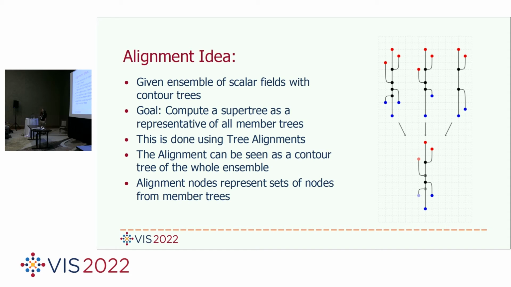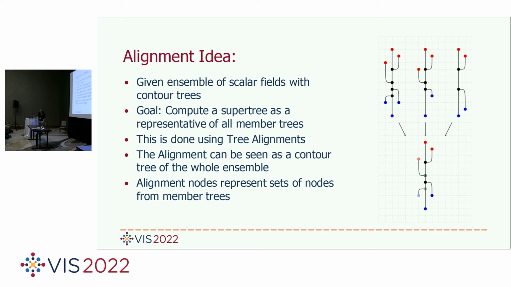So for an ensemble of scalar fields, the idea of the contour tree alignment is that we want one contour tree that represents the topology of the whole data set. And we do this by computing the alignment of all the single contour trees. And this alignment is a super tree, so it contains actually each single contour tree as a subtree.